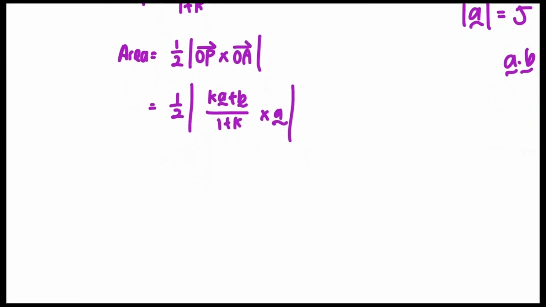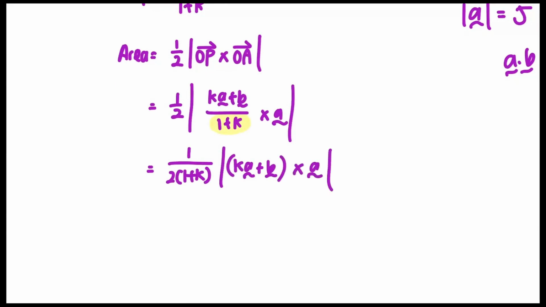Correct? Now, same thing, we pull out constants. So the constants are 1 over 2, 1 plus K. You get KA plus B cross A. Correct?